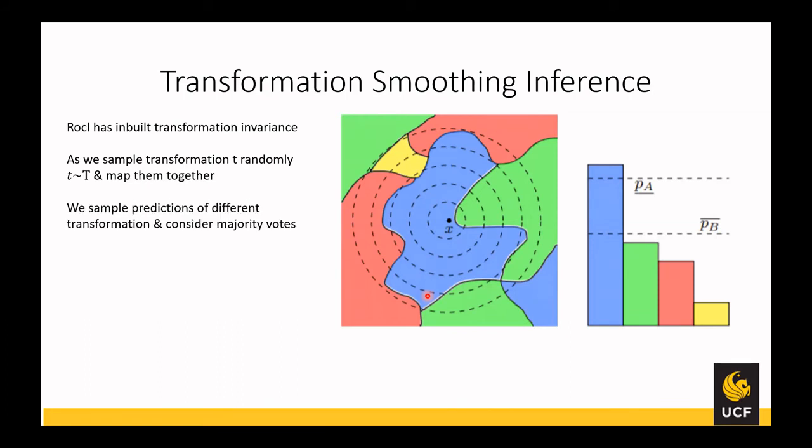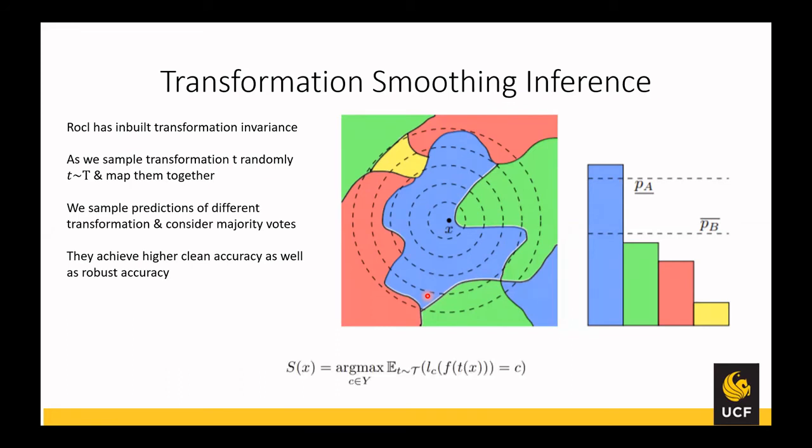Then to apply randomized smoothing, all they had to do is Monte Carlo sampling by applying different transformations on the data point x. What they saw is that this gives ROCL a higher clean accuracy, and a good trade-off with robust accuracy as well. It's certainly not the highest, but it's really good.